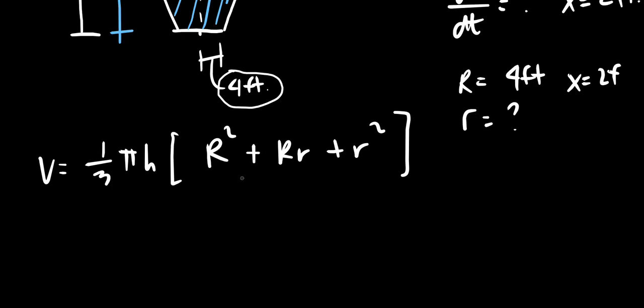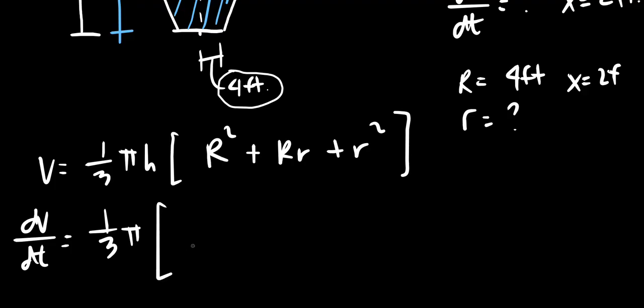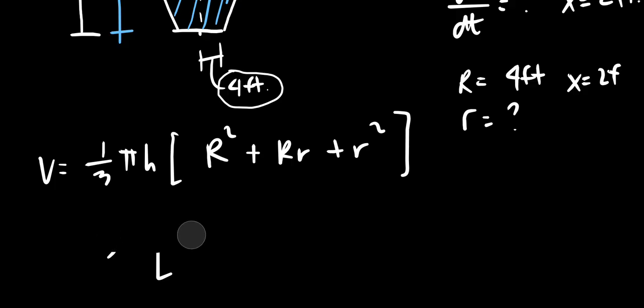So dV over dt equals 1/3 pi times x. We'll first substitute the given value.